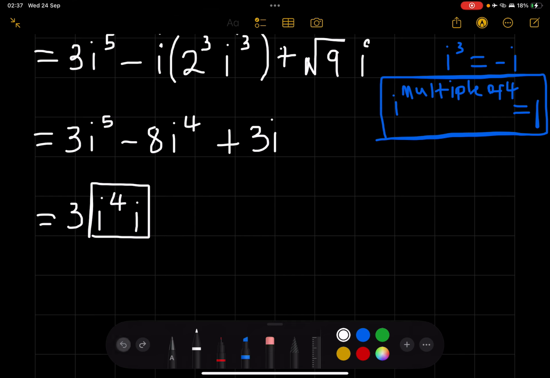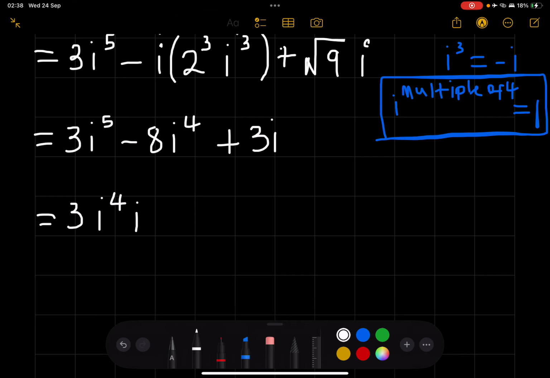So any exponent bigger than 4, we have to represent it in terms of a multiple of 4. This is what I mean, ladies and gents. Let's say I had i to the power 50. I would write it as i to the power 48 because 48 can be completely divided by 4, and then i to the power of 2. That is still i to the power of 50.